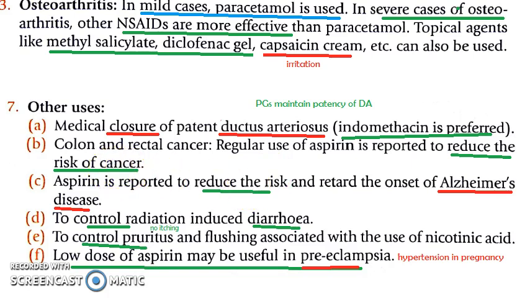Cancer risk also is reduced. Really interesting, right? What else? Diarrhea you can control. Itching, pruritus you can control. Flushing you can control. Fine. And closure of the ductus arteriosus. Okay. Those were the uses of aspirin.